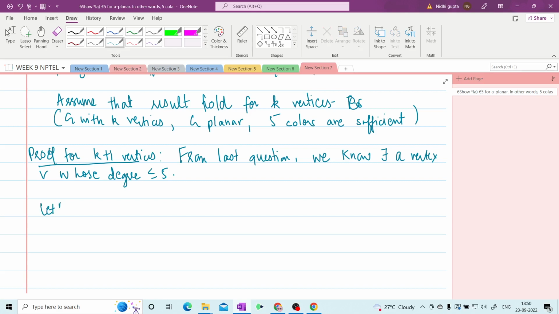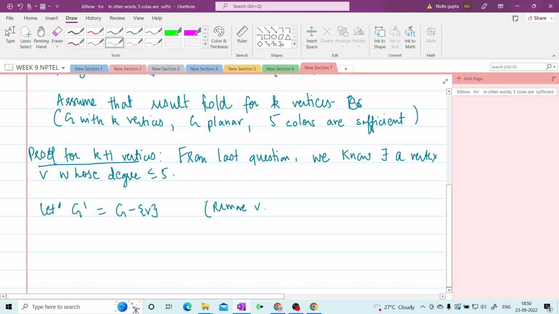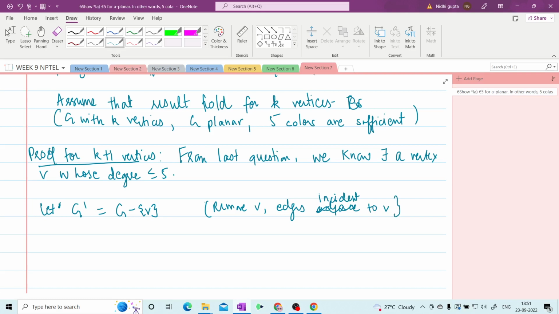So let G dash equal G minus V, that is, remove V and the edges incident to V. By induction, G dash can be colored by 5 colors.